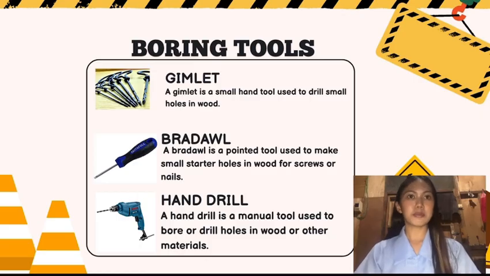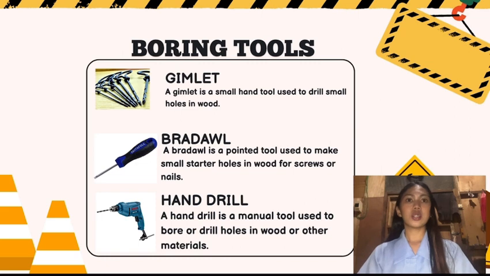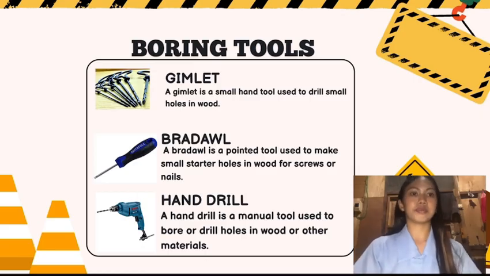A bradawl is a pointed tool used to make smaller starter holes in wood for screws or nails. And the last is hand drill. A hand drill is a manual tool used to bore or drill holes in wood or other materials.